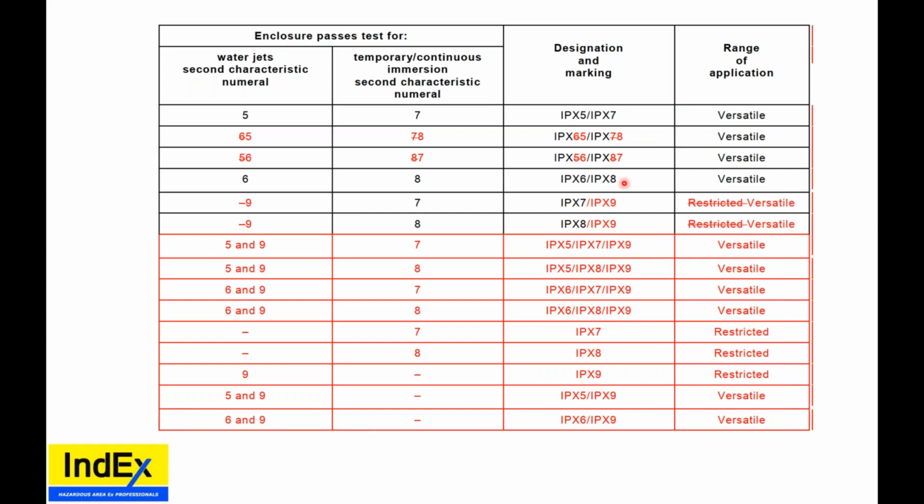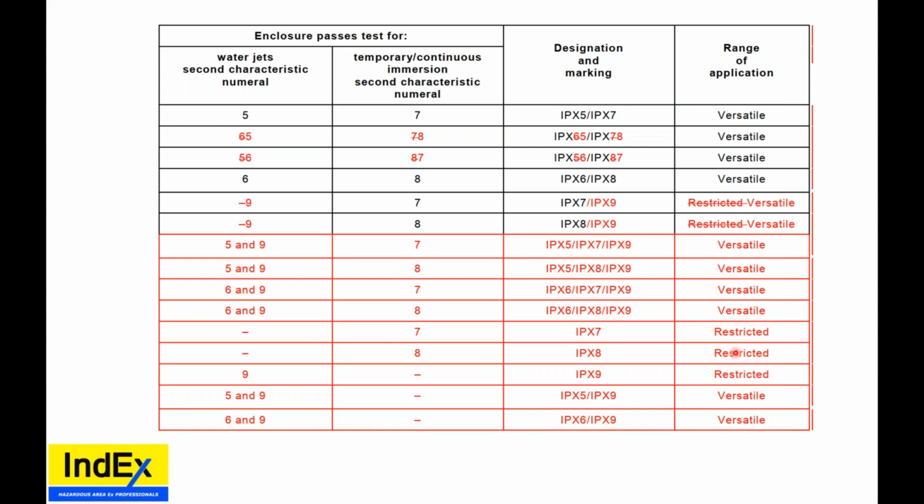A device that is rated IPX5 or X7 is good for jets 5, so 1 to 5, while 7 is rated for IPX7 only. But if it was IPX6 and 8, it's good for 1 to 6 and 7 and 8.